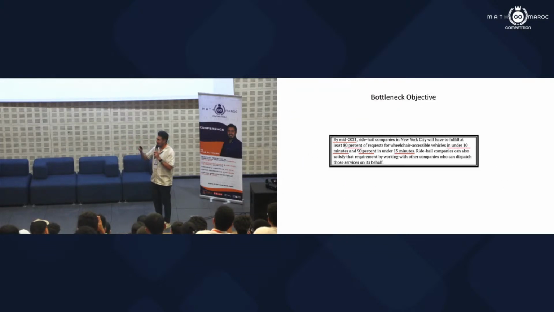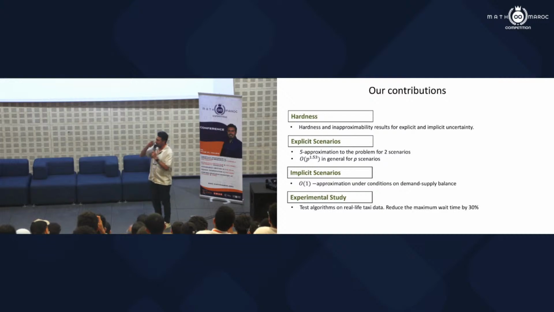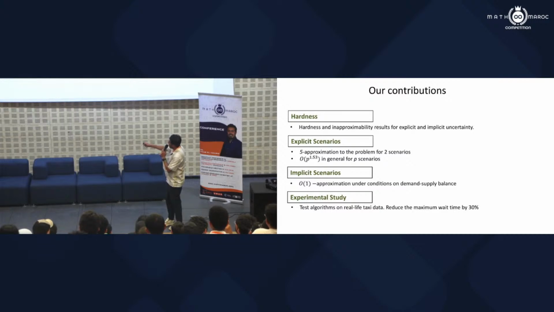So to develop approximation algorithms for this class of problems. This problem is NP-hard, and the goal of the research is to approximate the solution, but with theoretical guarantees. For the set of explicit scenarios, we give a constant approximation for two scenarios. For implicit scenarios, we give another constant approximation.